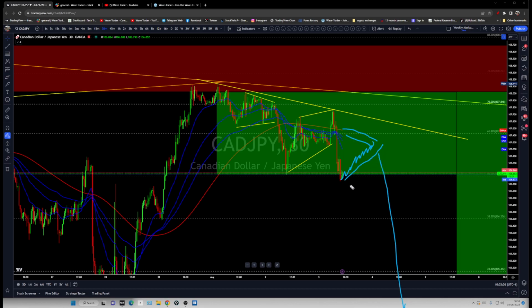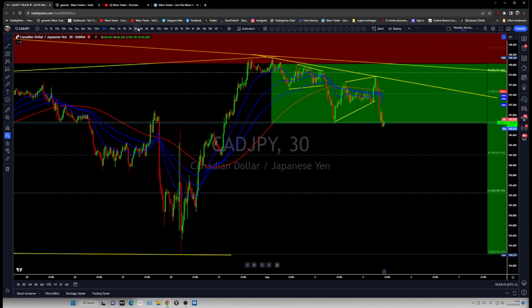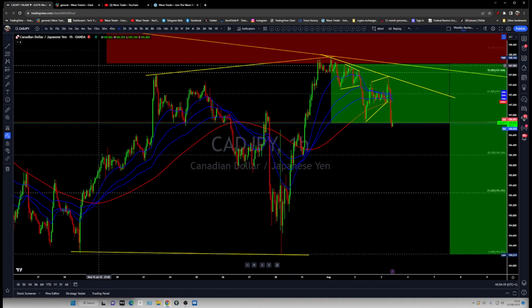We may not see that pullback, guys. Price can continue to keep dragging lower. In that case, you have to be in this trade on the 15-minute time frame and sell those breakouts for more downside. But as far as I can see, the trade hasn't completed yet. We are still far away from these lows, and price still can visit those lows.